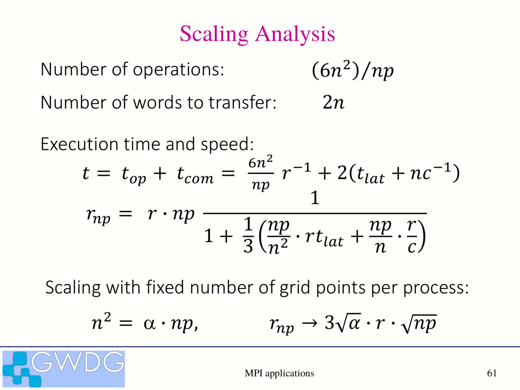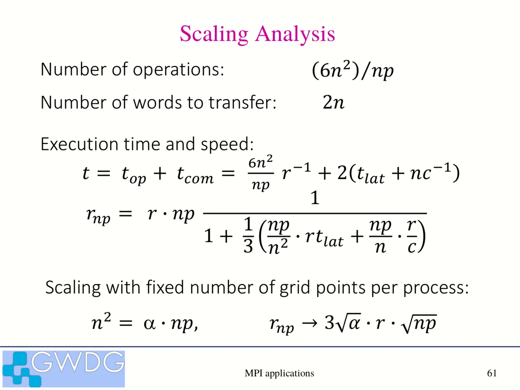So the execution time has 2 pieces, the arithmetic operation time and the time for communication. The time for doing the operations would be the number of operations times the inverse speed, the time for one operation.